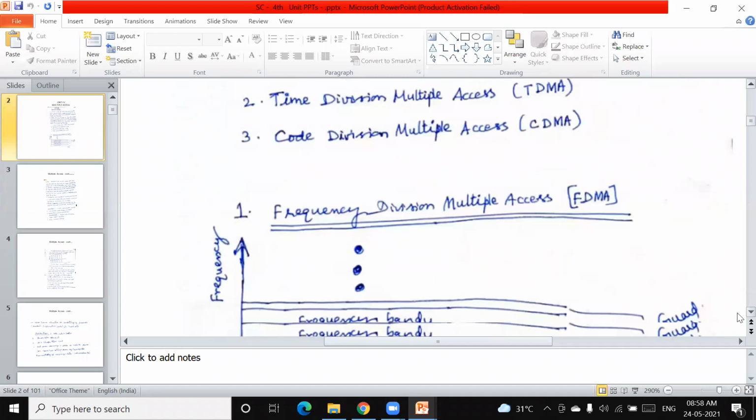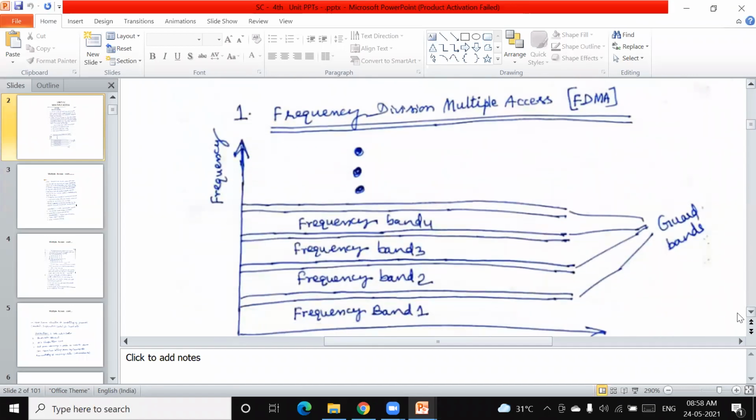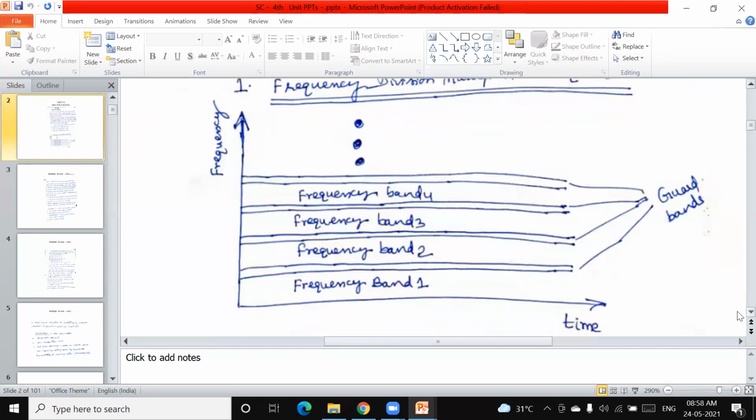So here it is frequency division multiple access. In this diagram, the y-axis is frequency and the x-axis is time. Here the user can get the satellite at any time.